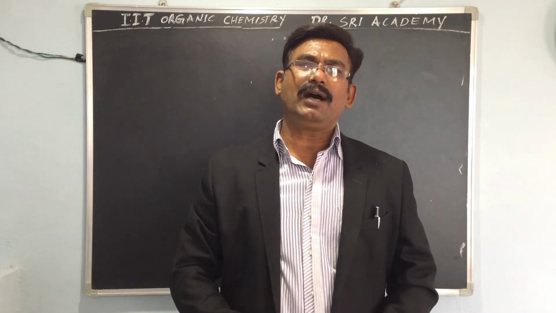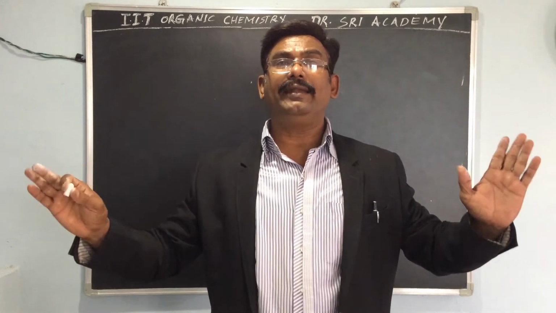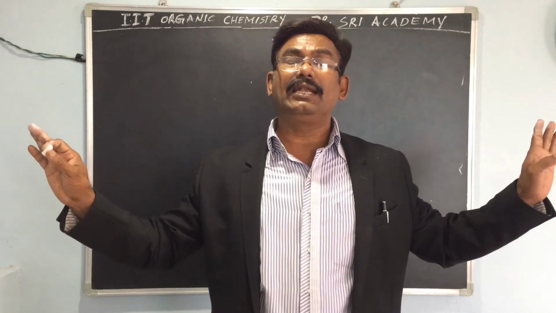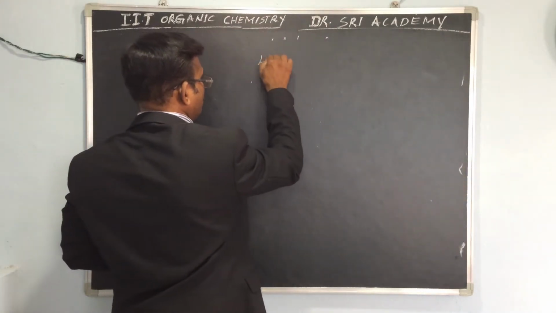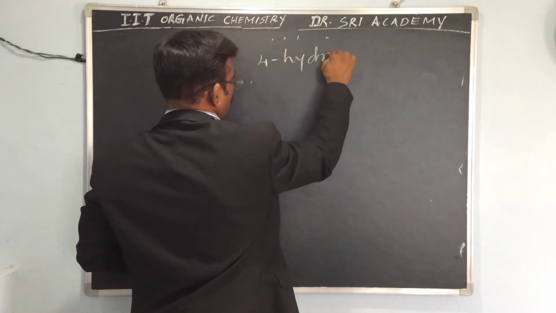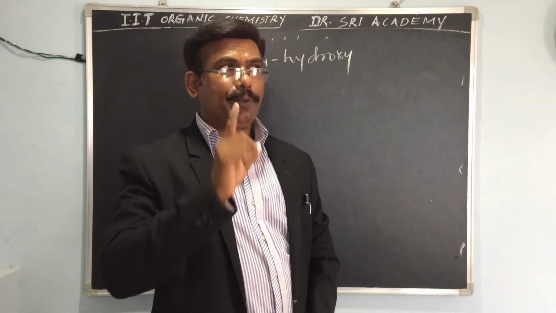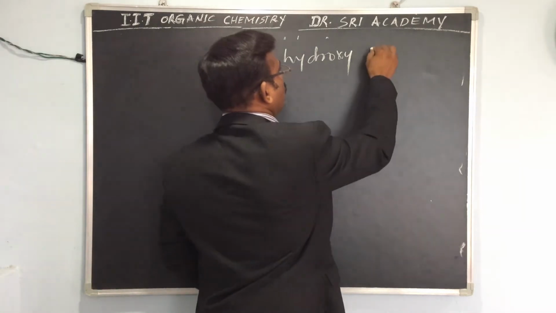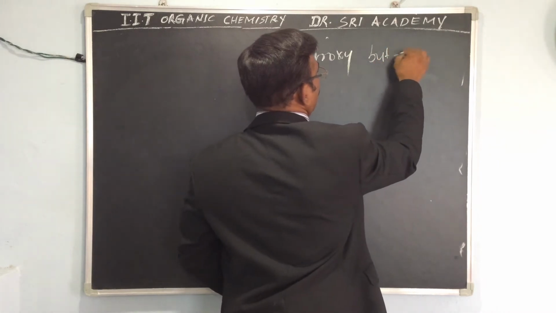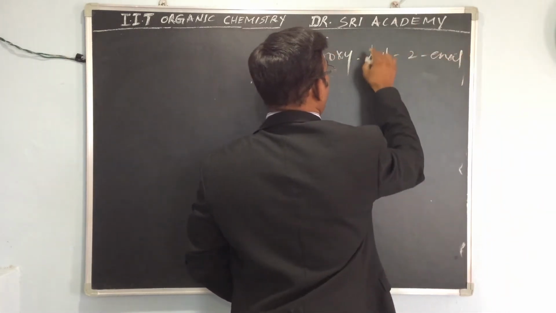So first of all, I will give one example: 4-hydroxybut-2-enal. How can you give the naming of this structure?